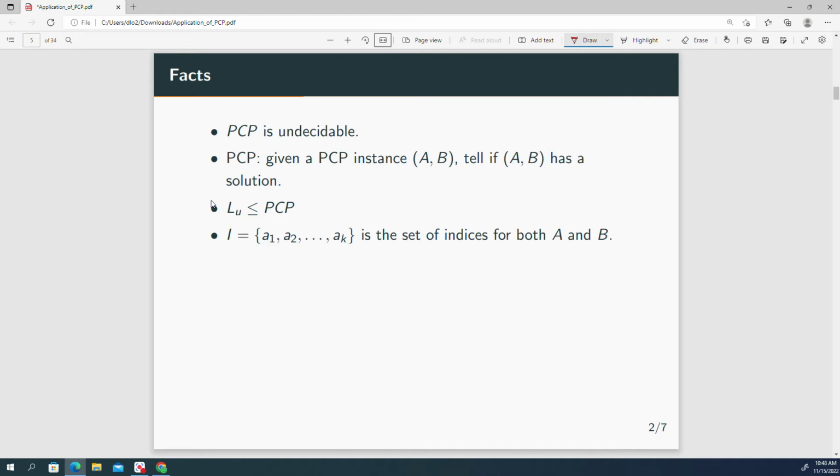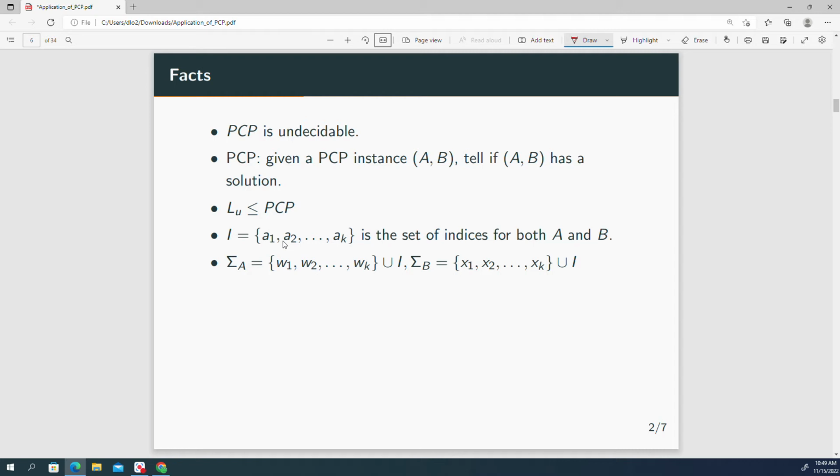I is the set of distinguishable symbols A1, A2 to AK that is used to select the strings in A and B to make a match PCP solution.